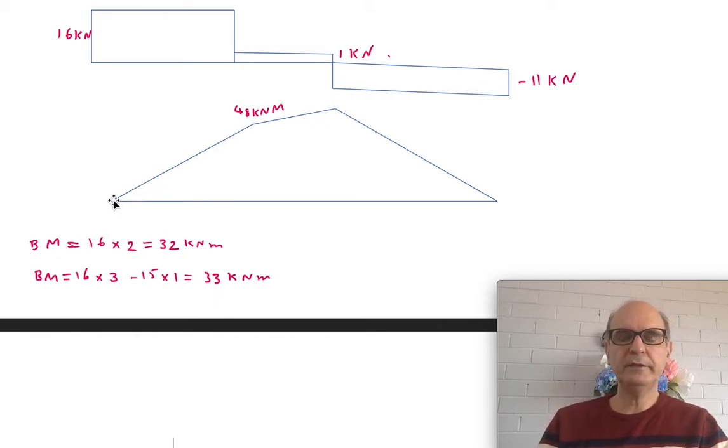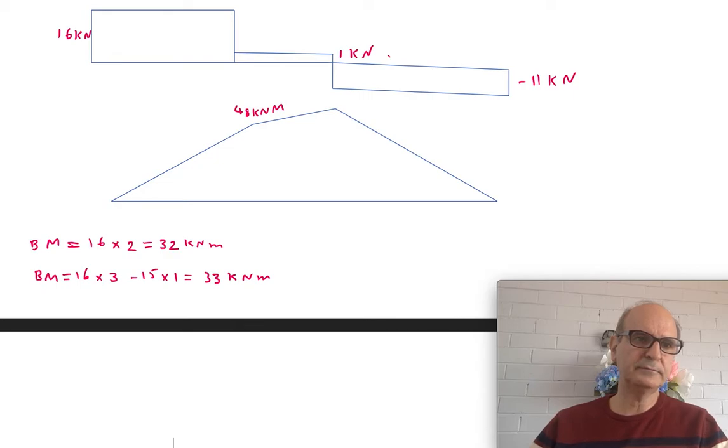For the moment, starting from the left hand side, we have 16 kilonewton times 2 that peaks here. That gives us 32.